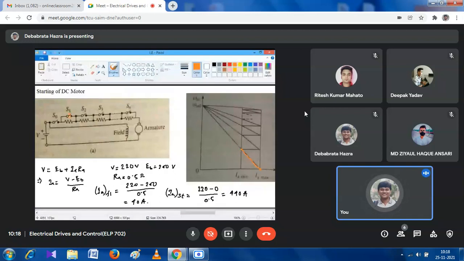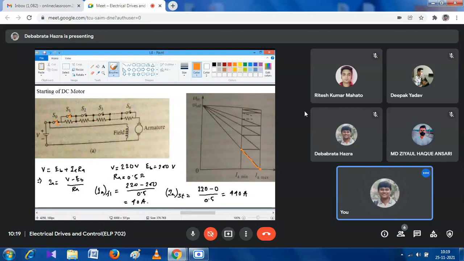First what we did actually, we started the motor, and the armature current will flow from the starting point. The starting point of the armature current is considered here as IA max, and from that it will continuously decrease.